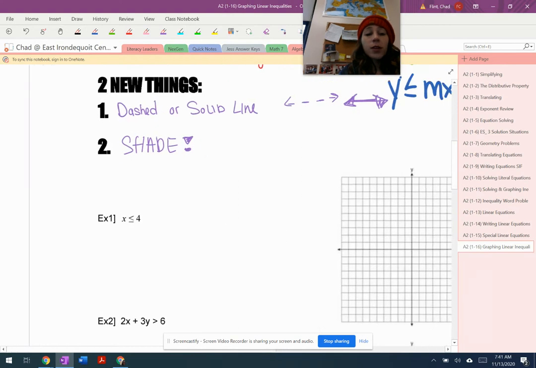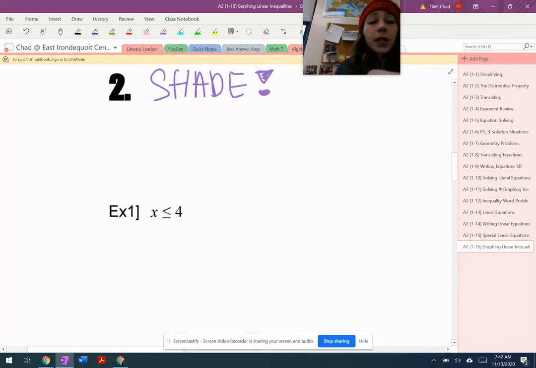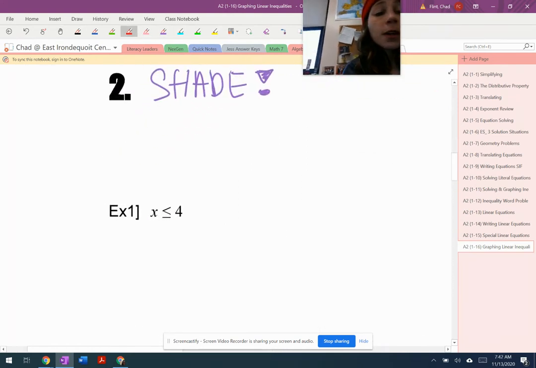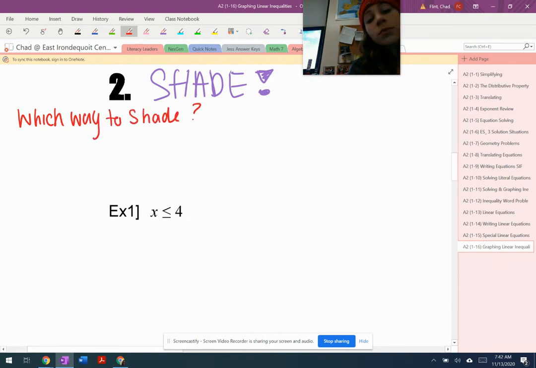Okay, so I'm writing too big. Don't have enough room. So how to know which way to shade? We look at which way to shade by reading the inequality.